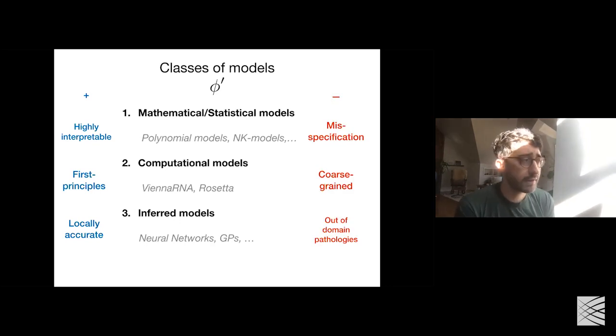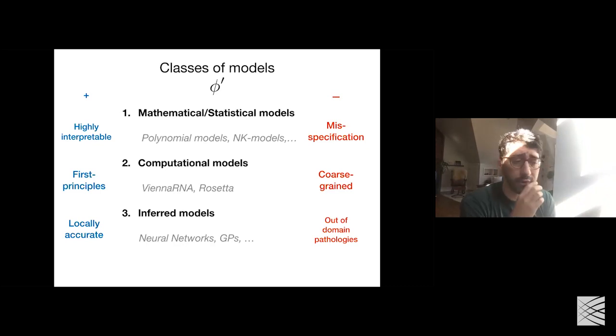And then the drawbacks: these classical models are often by design misspecified. Computational models are often coarse-grained. What I mean by that is that they do well in recognizing the general patterns in the landscape, but it's hard to use them to distinguish very small local changes.